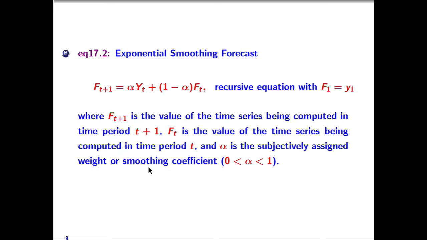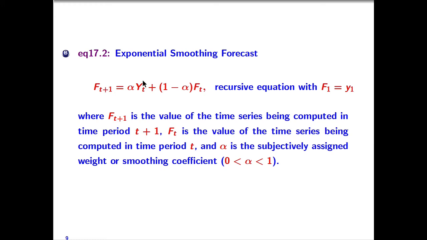Now, there are some basic concepts associated with this formula. Again, the notation we are using is F for forecasting, Y for the time series. So in this equation, F sub t plus 1 is the future value for the forecasting.